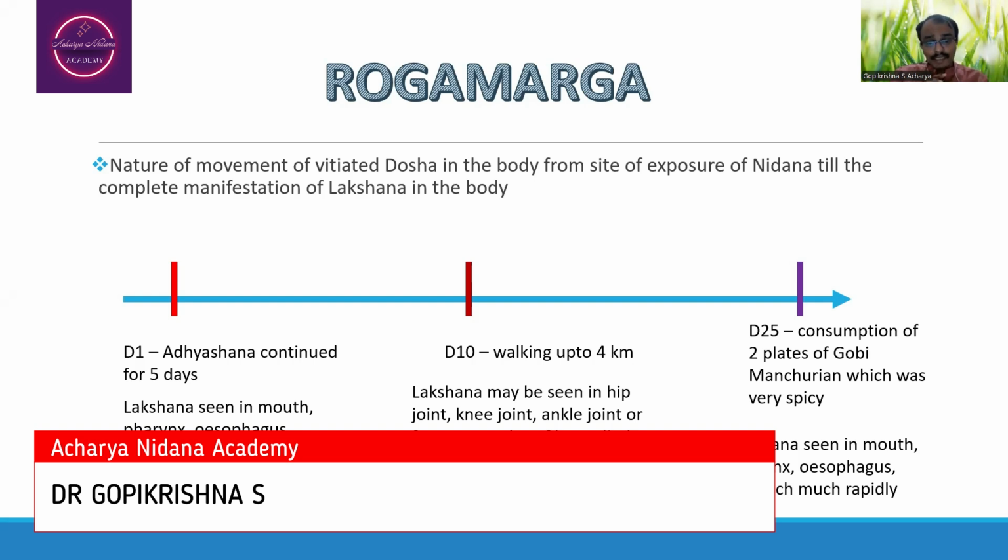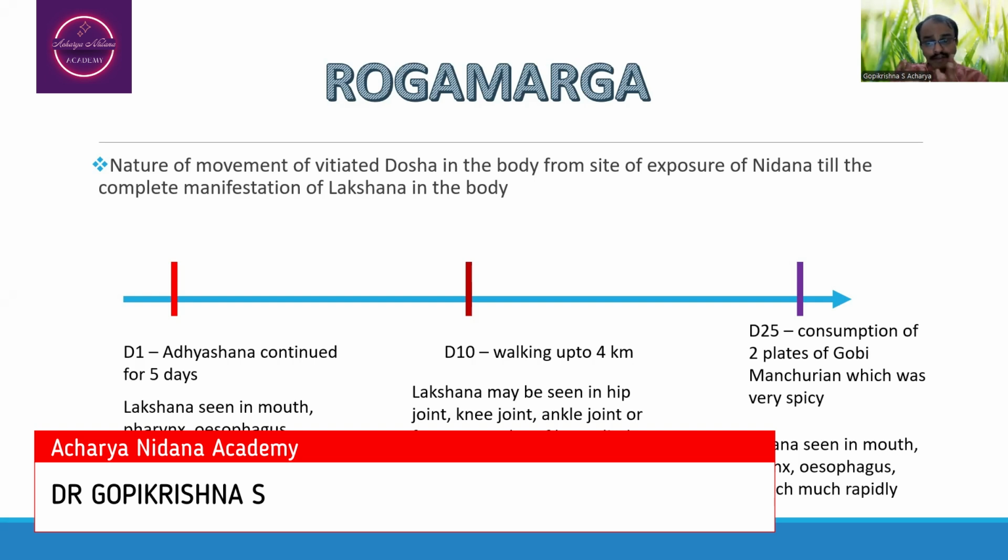After that, on the 10th day, the person walks up to 4 kilometers. If he has a sedentary lifestyle and does this amount of walking, then the lakshanas may be observed in the hip joint, knee joint, ankle joint, foot, muscles, tendons, or ligaments of the lower limb.